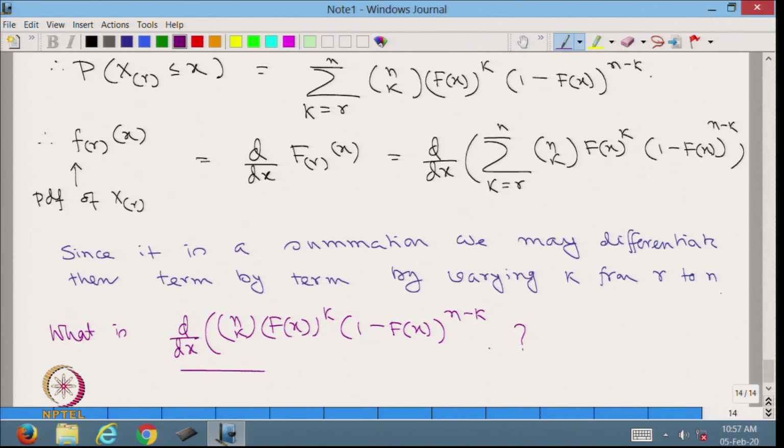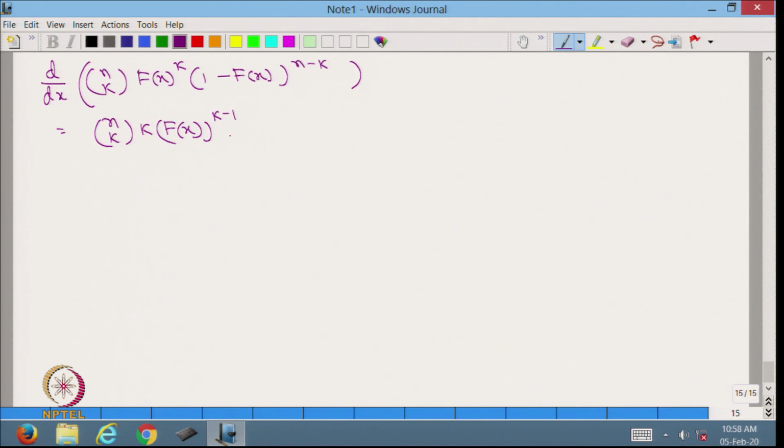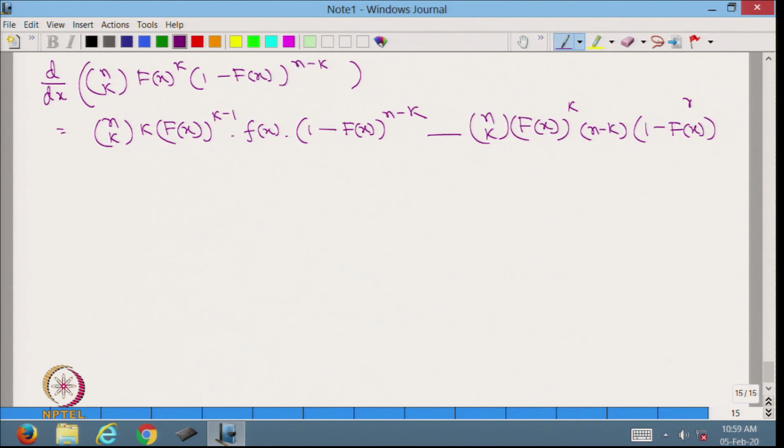Let us first compute this. d dx of n c k F(x) to the power k (1 minus F(x)) to the power n minus k is equal to n c k, k F(x) to the power k minus 1 into f(x) multiplied by (1 minus F(x)) to the power n minus k, minus n c k F(x) to the power k, n minus k, (1 minus F(x)) to the power n minus k minus 1 into f(x).